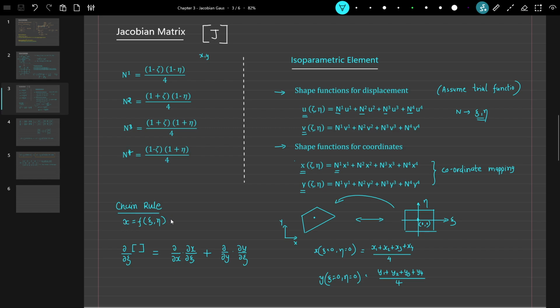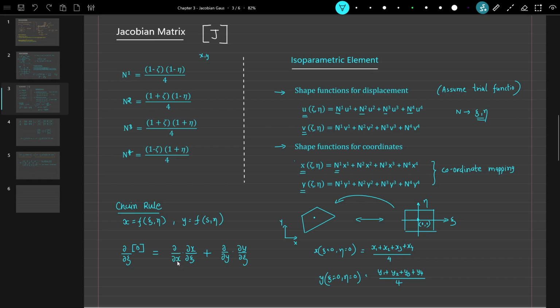We know x and y are functions of zeta and eta. So let's check this for any function. The partial derivative with respect to zeta, dou by dou zeta, since this function could be anything, let's say b, or in terms of b.